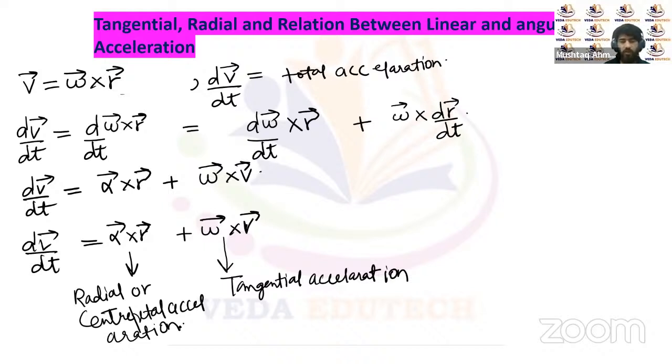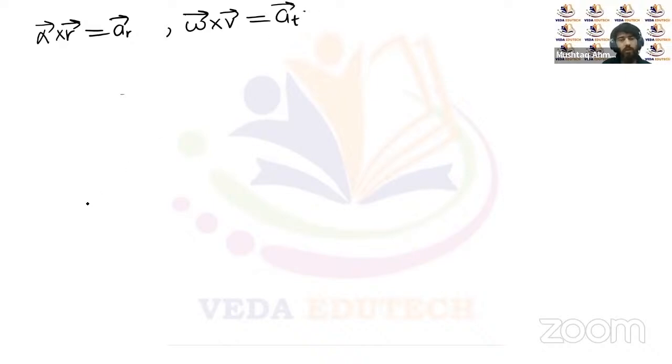Both are perpendicular to each other, so the total acceleration will be the square root of tangential square plus radial square. So this will be the total acceleration for this particle.